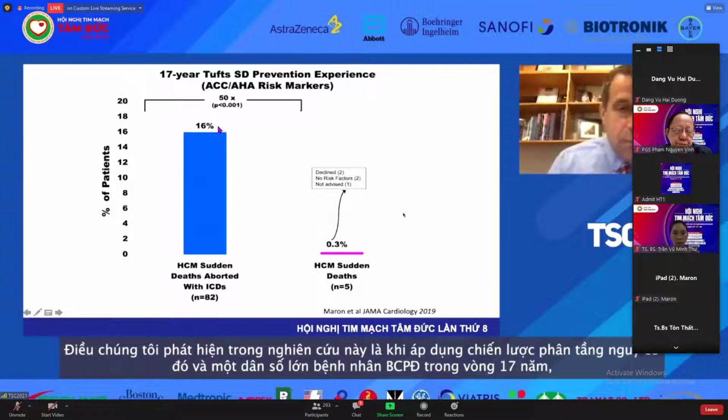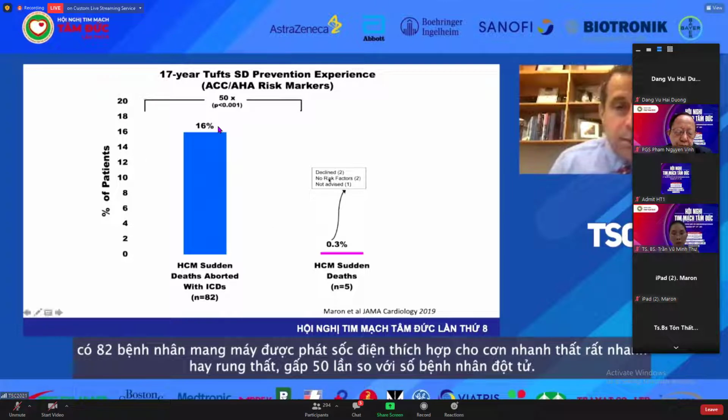What we found in this study was that applying that risk stratification strategy to a large cohort of HCM patients over a 17-year period, 82 patients had devices that appropriately delivered therapy for fast VT or VF, which was 50-fold greater than the patients that died suddenly.